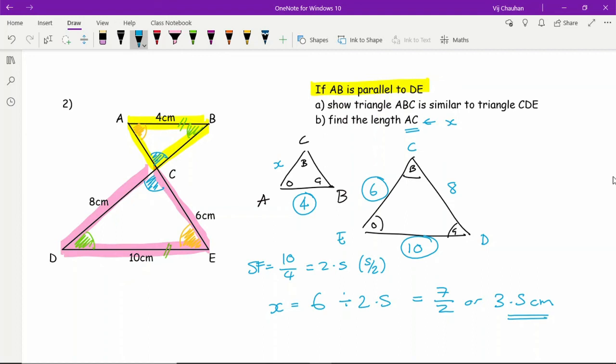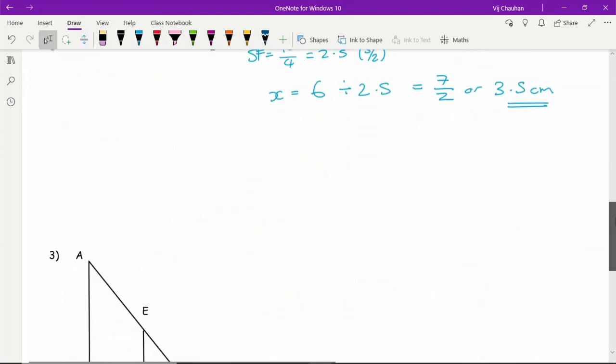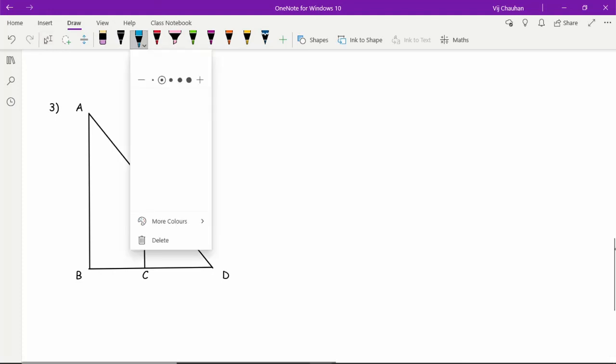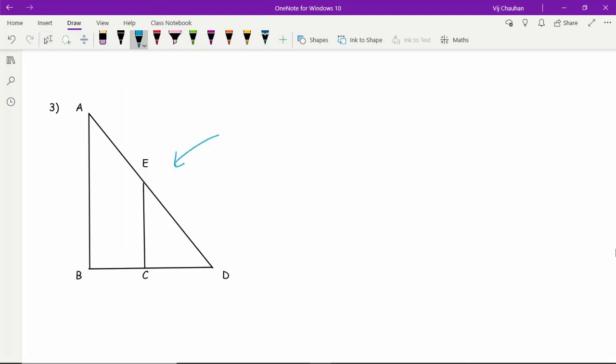Now, I just want to go over the last type of question you could get asked, which I'm not going to go through any particular question on, is questions that look like this. This is very similar to question 1 that we did in this video. All it is that it's just been rotated. So it's important that you're able to spot that coming from this we've got two triangles.